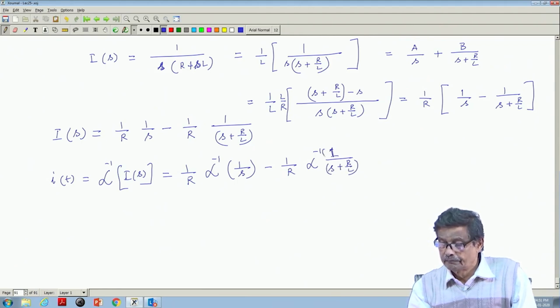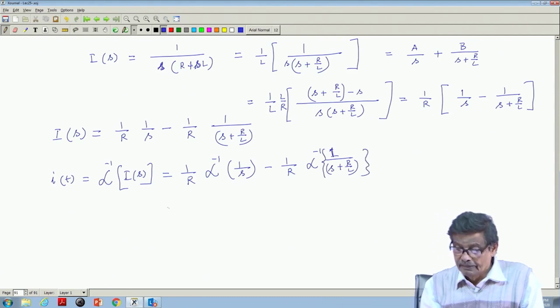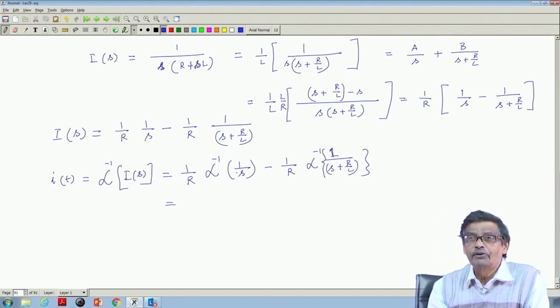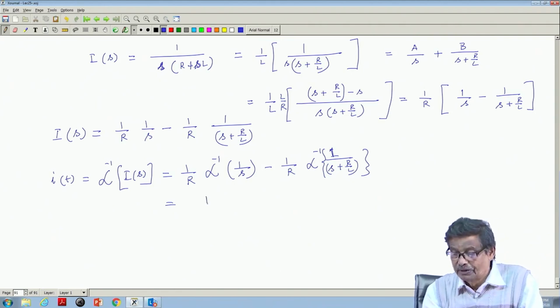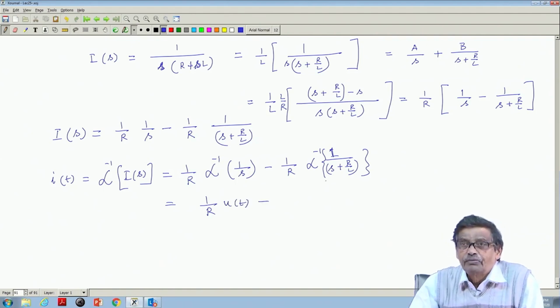This is 1. Now, what is the Laplace inverse of 1 by S? It is u(t). So, 1 by R into u(t). And what is the Laplace inverse of 1 by S plus R by L?